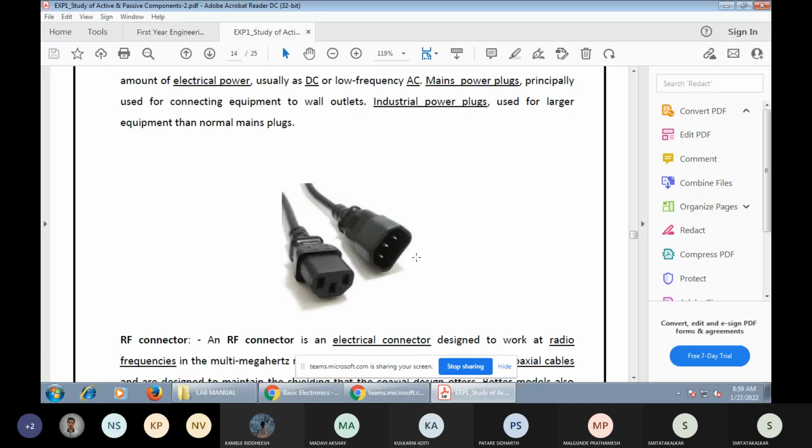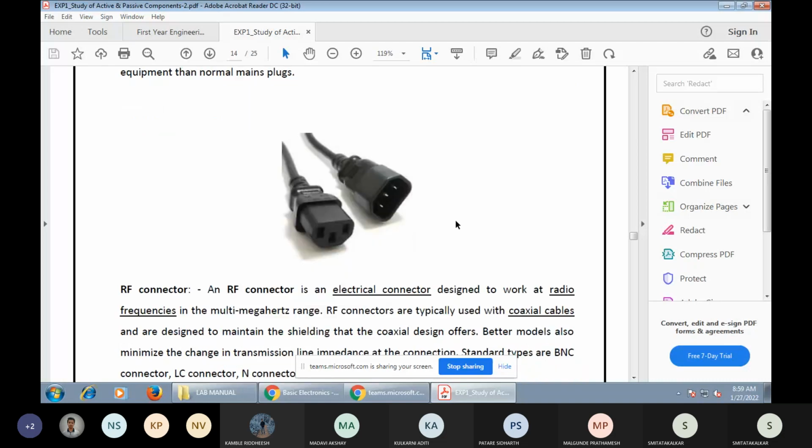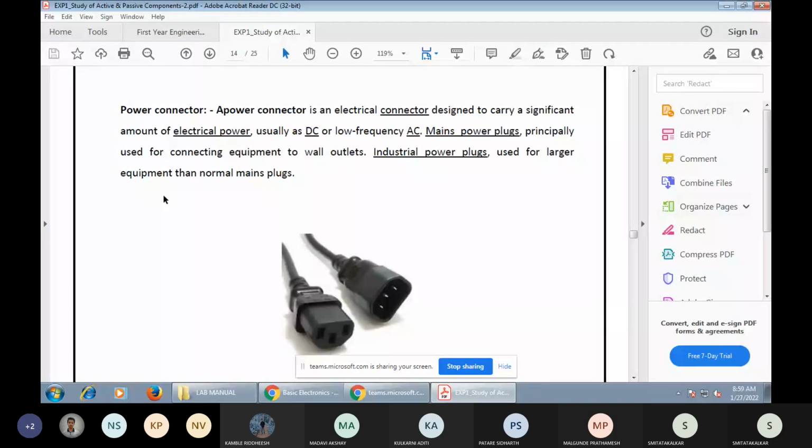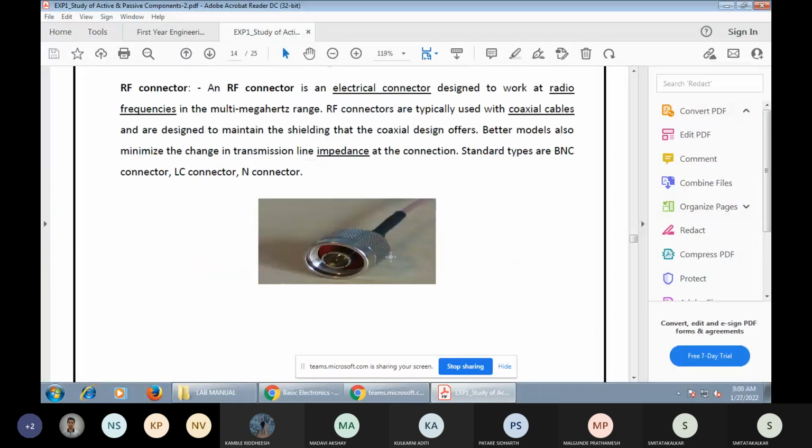Also, we can use it for central processing units, monitors, and printers. That type of application you can use the power connector for. Then the RF connector, used for radio frequency checkers or signals generated in multi-gigahertz or high frequency, like 100 megahertz, 500 megahertz, or terahertz.